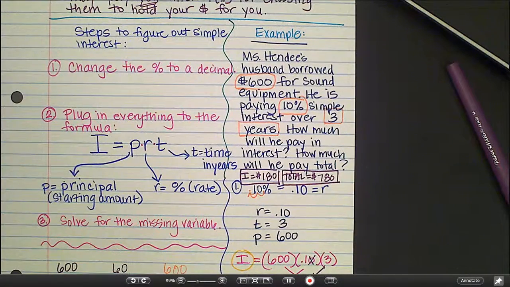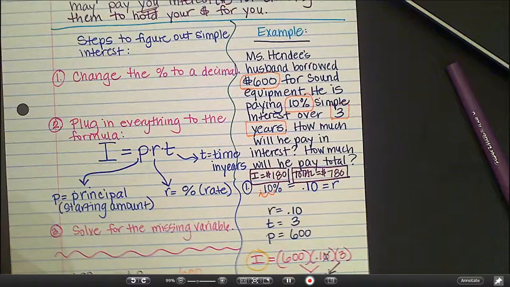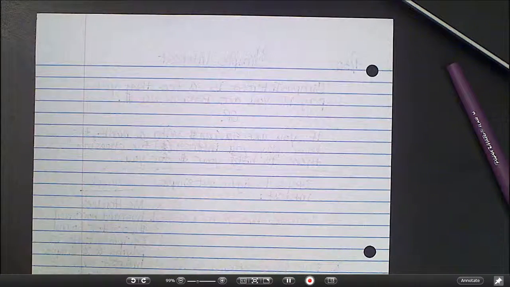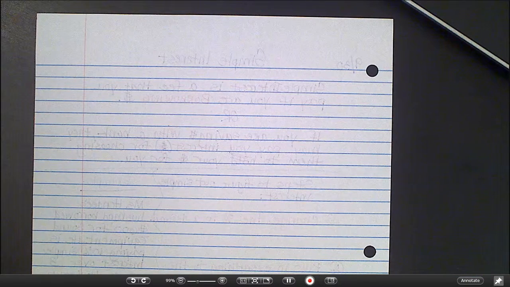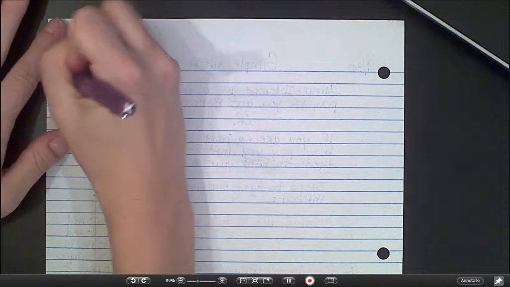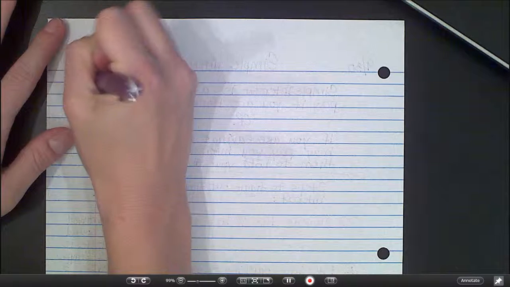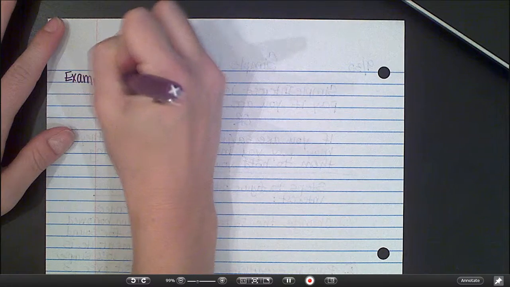So what I'd like for you to do is go ahead and pull out your notes, go to the next clean page, just on the back of this one, and put example number 2.